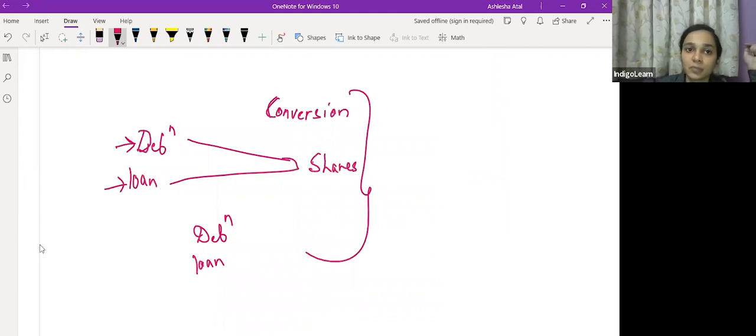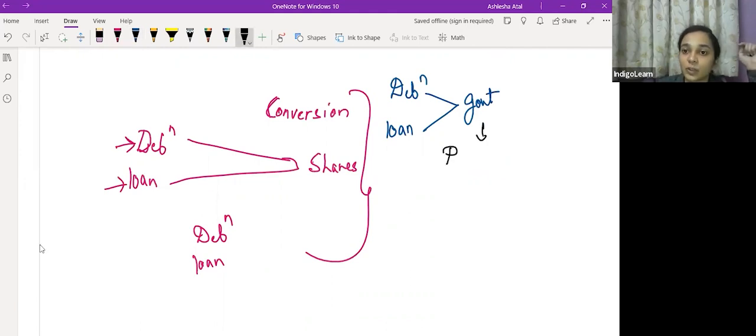However, अभी जो हम बात कर रहे हैं, that is a situation wherein the debenture is issued or loan is given to any government by the company. Now here, if the government thinks that it is in public interest to convert this debenture or loan into shares, then the government may order to do so.